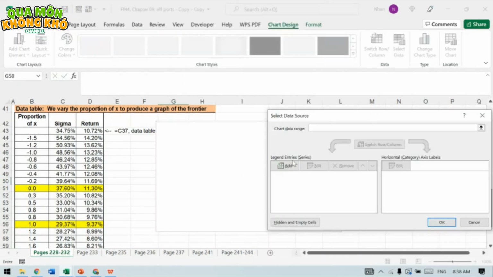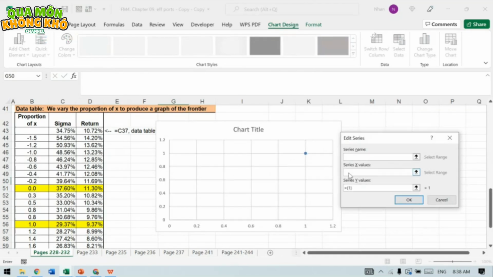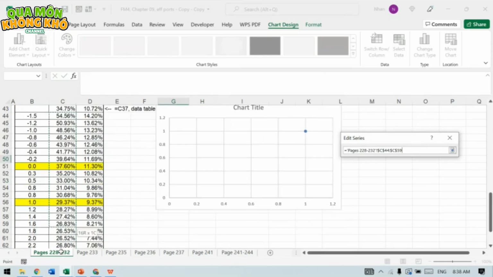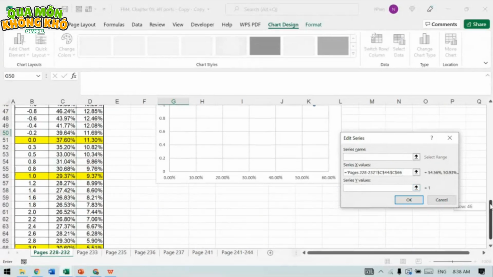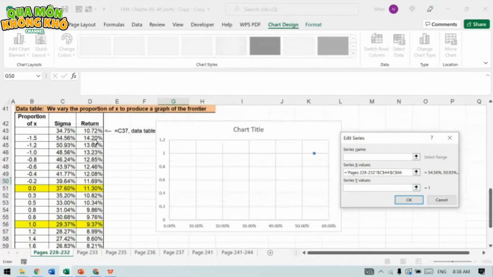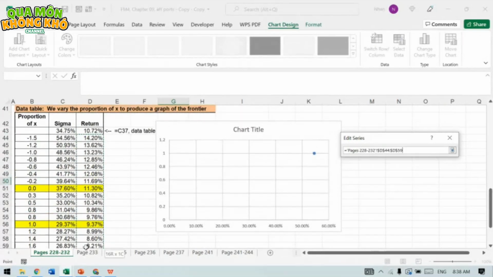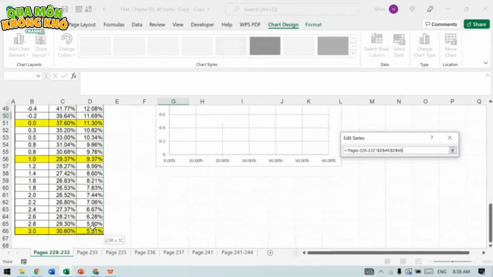Select data. The X is the sigma, the standard deviation, and the Y is the expected return.